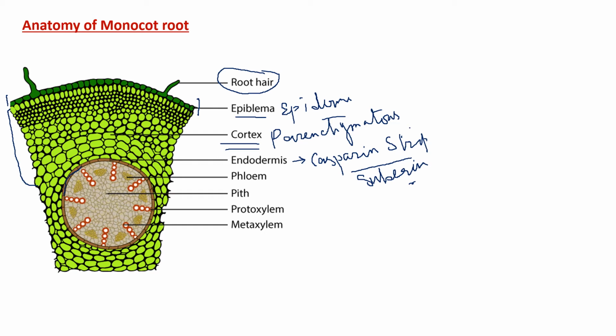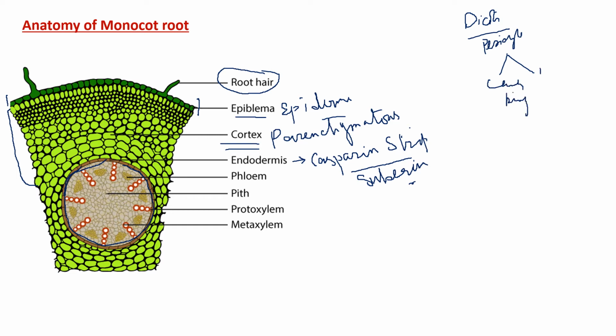Now moving inside, we have pericycle. Pericycle gives rise to the lateral roots. In case of dicots, we observed that the pericycle has two functions. First, it forms the cambium ring and helps in secondary growth.